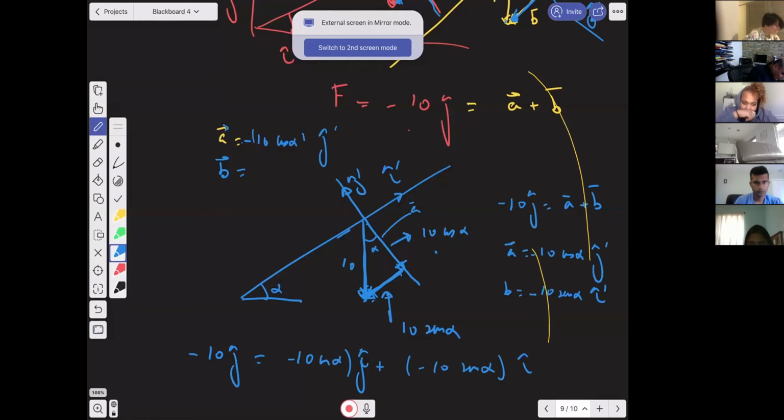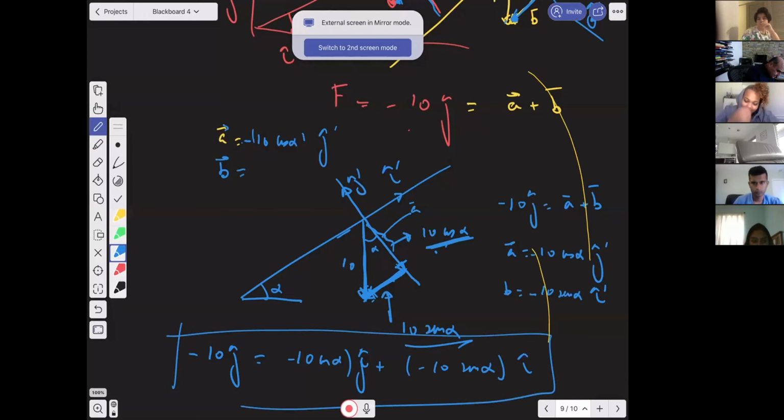What you really have to catch is that this distance is 10 sine of alpha and this distance is 10 cosine of alpha. If you catch this, perfect.